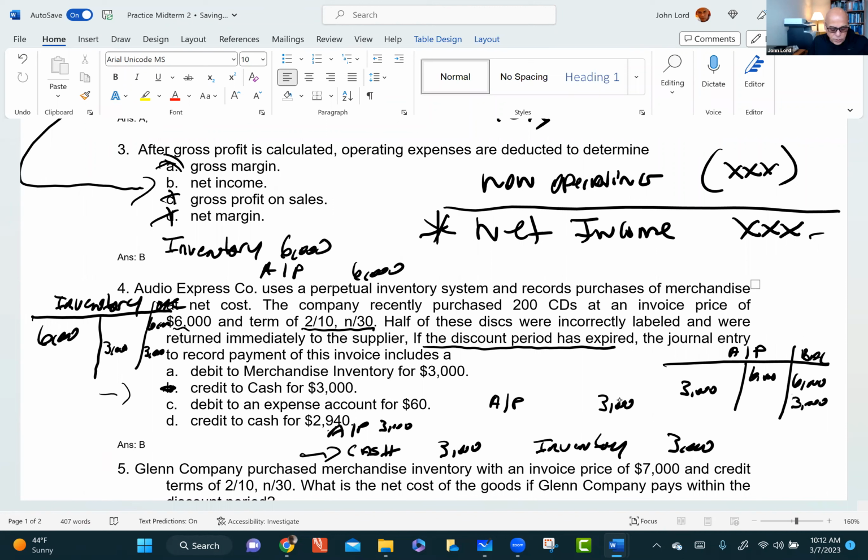Now look, these other journal entries, you didn't have to make them. But again, your training here is to follow through a set of transactions, see how they affect the accounts, and then look to see what the question is asking you. That's the best way to do these. If you sit here in your head and try to keep track of everything that's happening, all you're going to do is get confused.